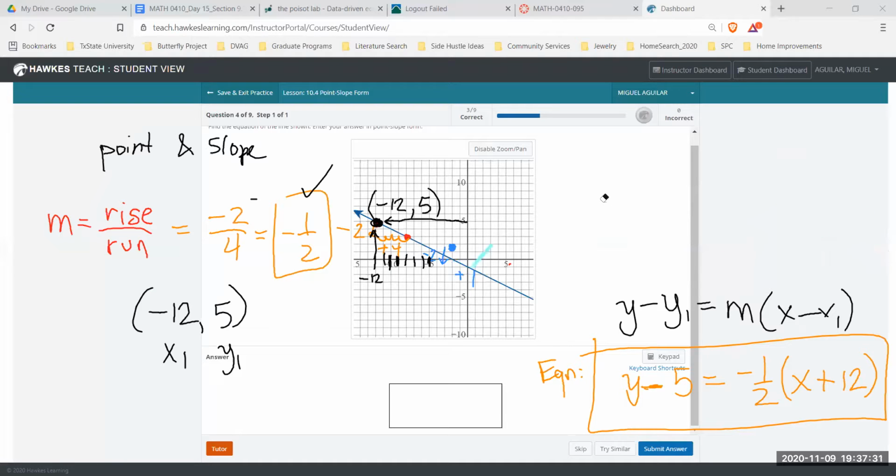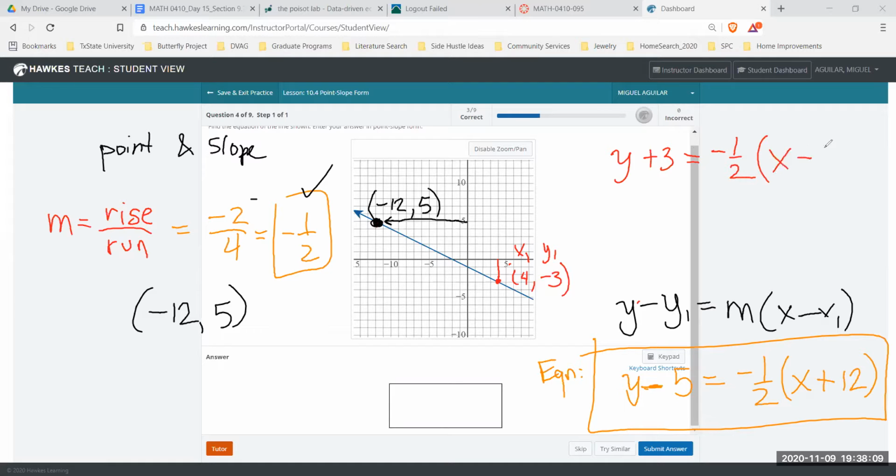Let's say that you chose this point over here, which looks like it's at 4, comma, you would go down 1, 2, 3, so -3, and called that x1, y1. Then you would get the equation y minus y1, so that would be +3, is equal to -1/2. The slope would be the same. And then x minus 4, this equation would work also.